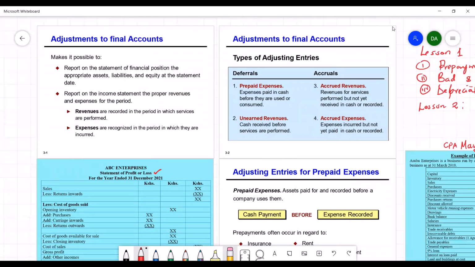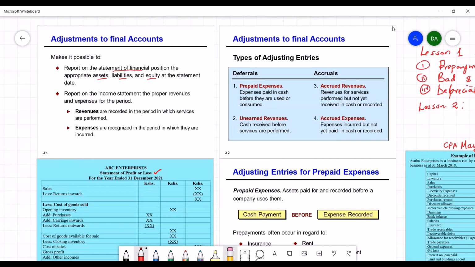Adjustments to final accounts. Adjustments to final accounts make it possible for the preparer of final accounts to report on the statement of financial position the appropriate assets, liabilities, and equity as at the date the statement is prepared.